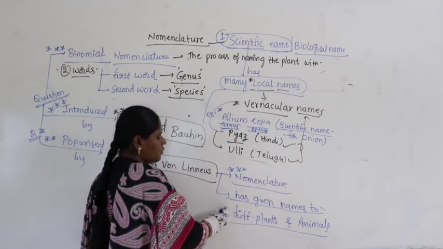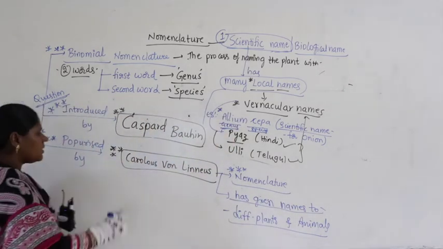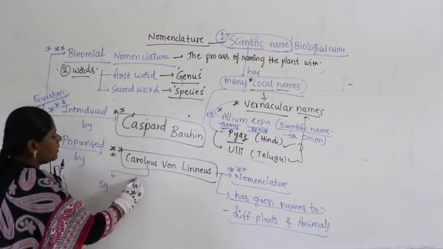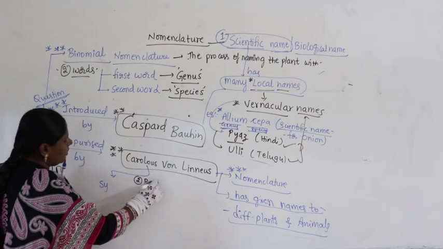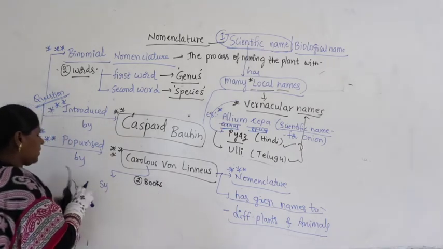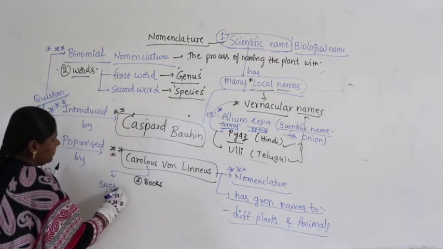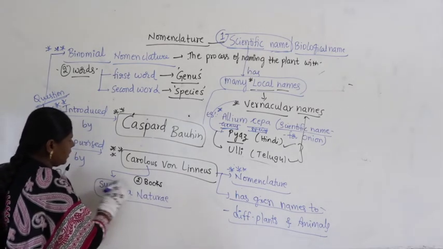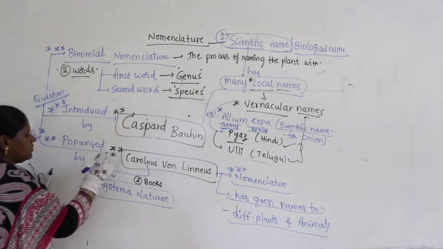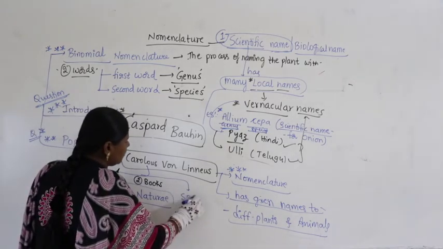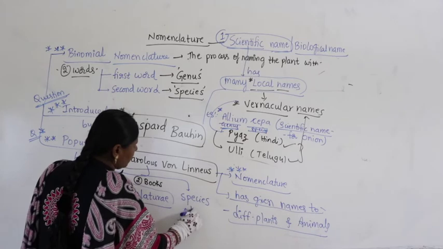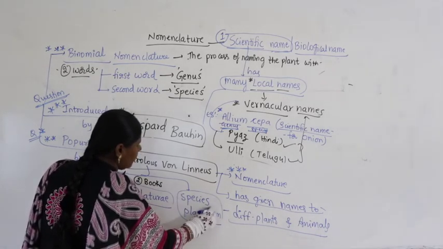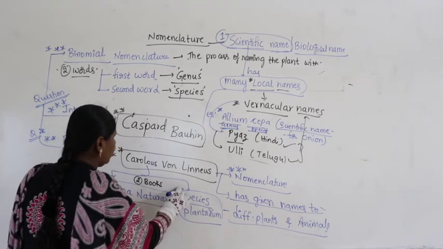Linnaeus has given names to different plants and animals, and again I am telling you, he has written 2 books. One of the books is Systema Naturae, and the other book is Species Plantarum. So, there are 2 books which he has written, very, very important.